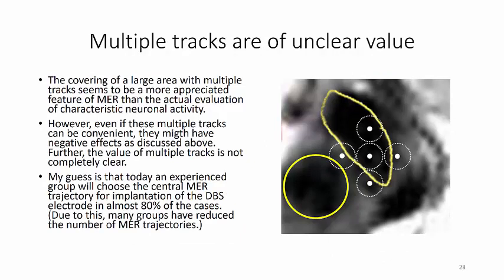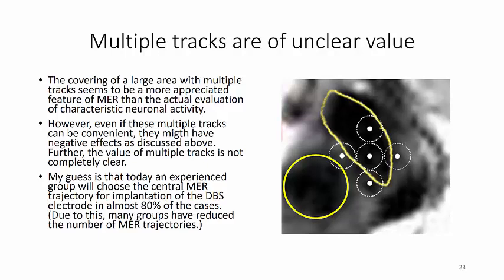The covering of a large area with multiple tracks seems to be a more appreciated feature of microelectrode recording than the actual evaluation of characteristic neuronal activity, at least among neurosurgeons. However, even if these multiple tracks can be convenient, they might have negative effects as discussed above. Further, the value of multiple tracks is not completely clear.